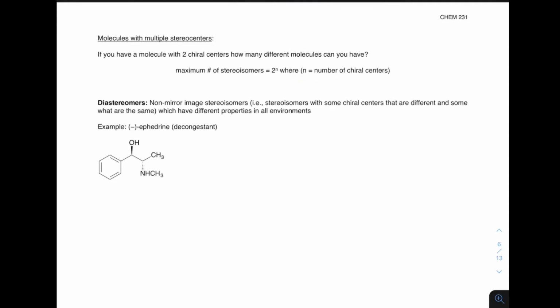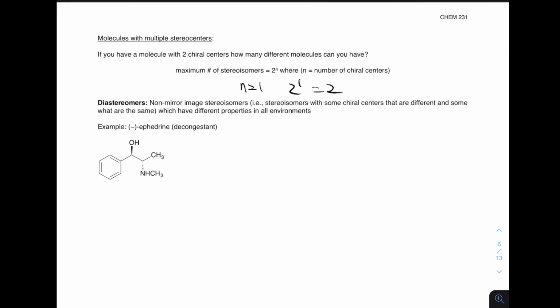For example, if we have just one chiral center, n equals 1, 2 to the power of 1 is just 2, and so we only have 2 stereoisomers, 2 enantiomers.